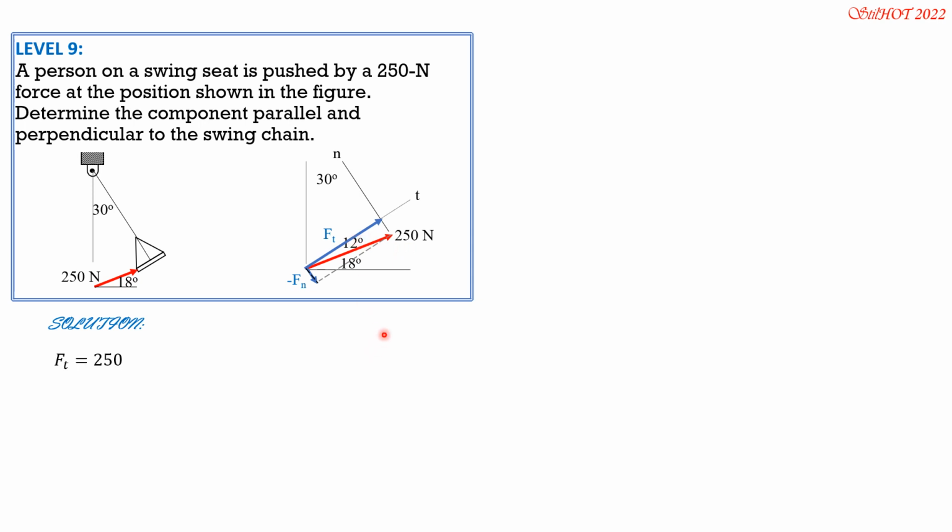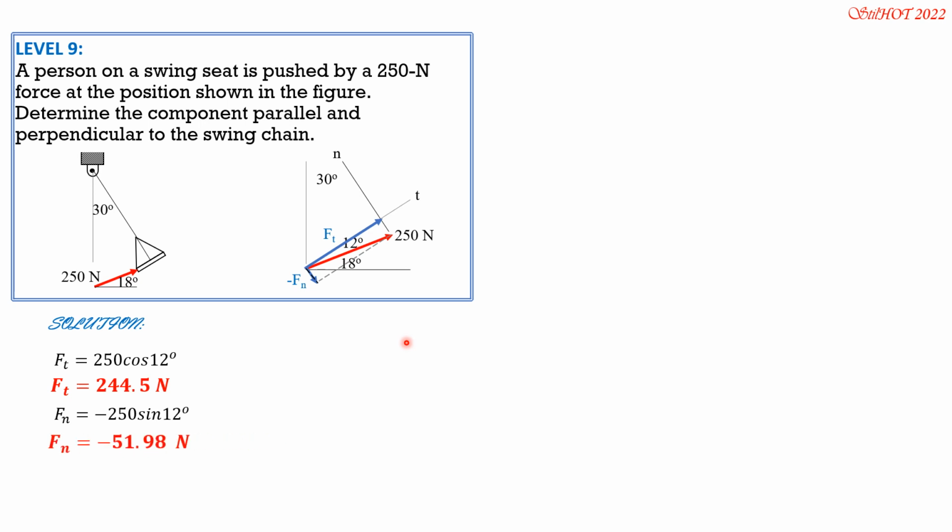So ft is positive 250 cosine of 12 degrees, so it is 244.5 newtons, while Fn is negative 250 sine of 12 degrees.